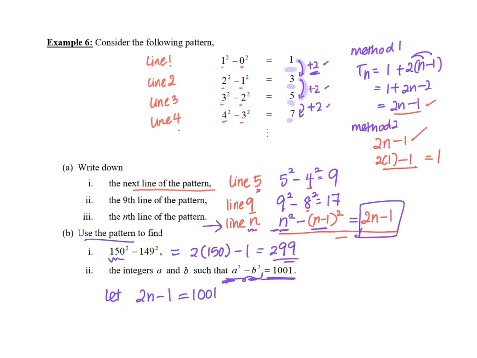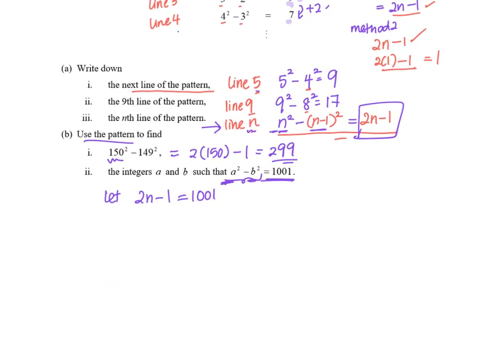Can we find the letter n? Let's try. 2n minus 1 equals 1001. How do we solve this equation? 2n, I'll bring over the 1 over here, negative 1, so it'll be 1001 plus 1. 2n will be equal to 1002, and n will be equal to 501.